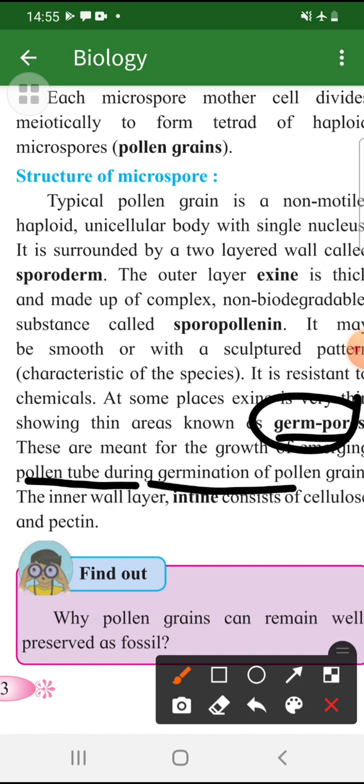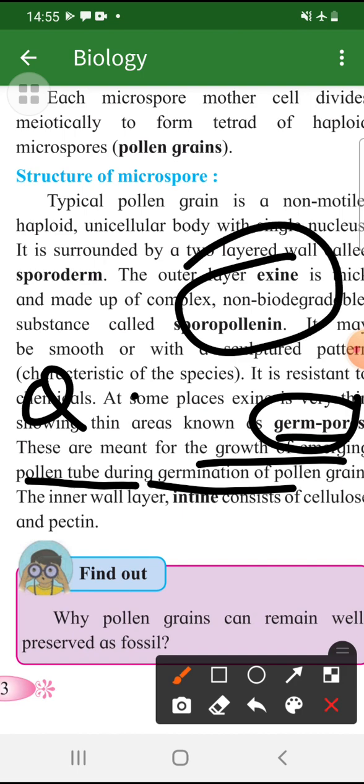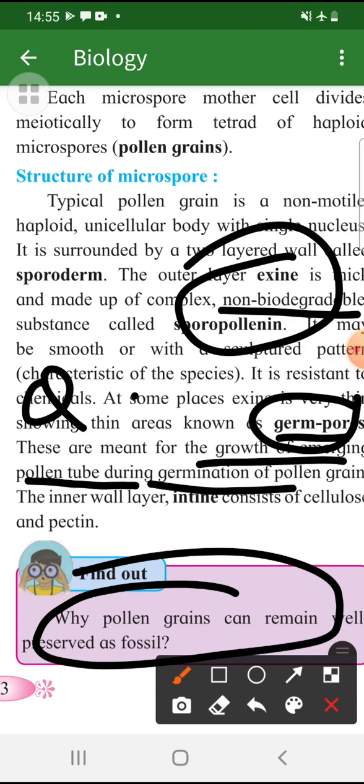Why is there a germ pore? If a question comes, it is for the growth of pollen tube during germination of pollen grains. Now, what is this exine made up of? This question is very common. Why is it that it cannot get destroyed with time?